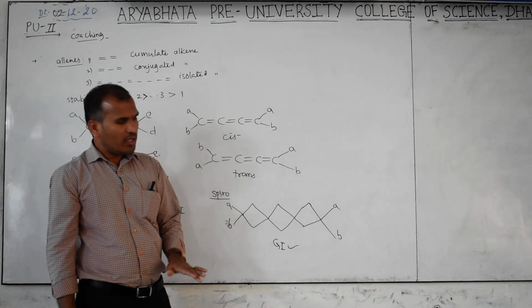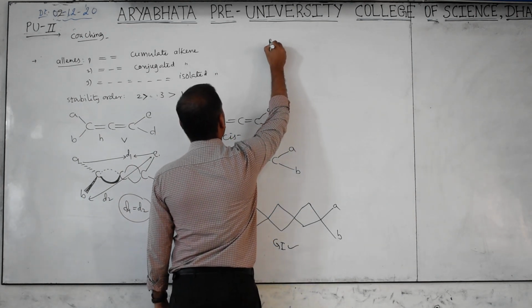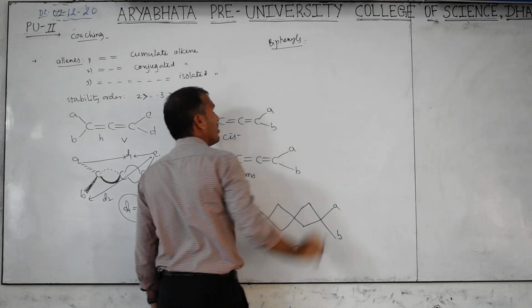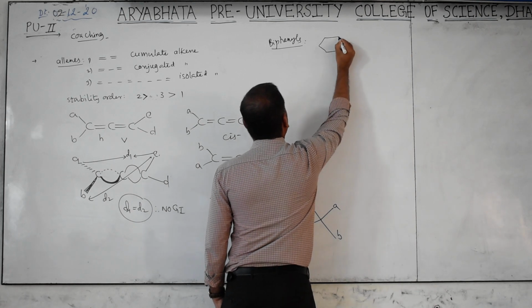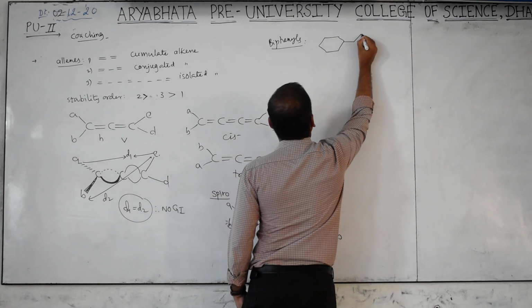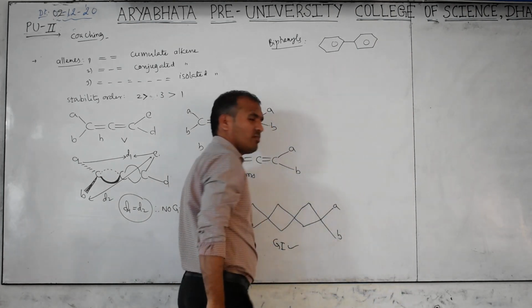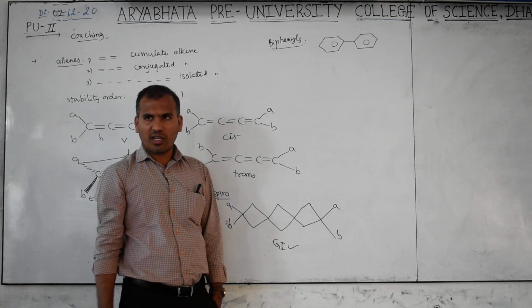Got the concept? Similarly, biphenyls. This biphenyl compound, you know that. Now, if you take this as one benzene and this as another benzene, these are biphenyl. 2 phenyls are there. That is called biphenyl or diphenyl.